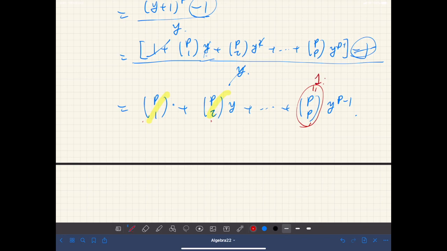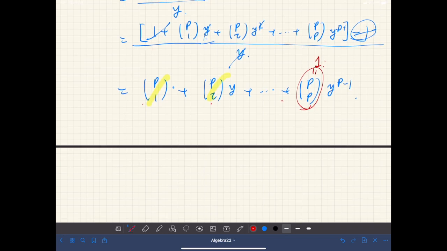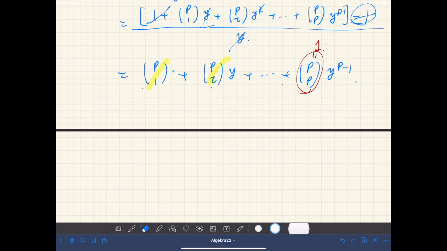But every other coefficient is divisible by p. And also, p choose 1 is equal to p, so it's not divisible by p squared. Therefore, this is irreducible. And that's all.